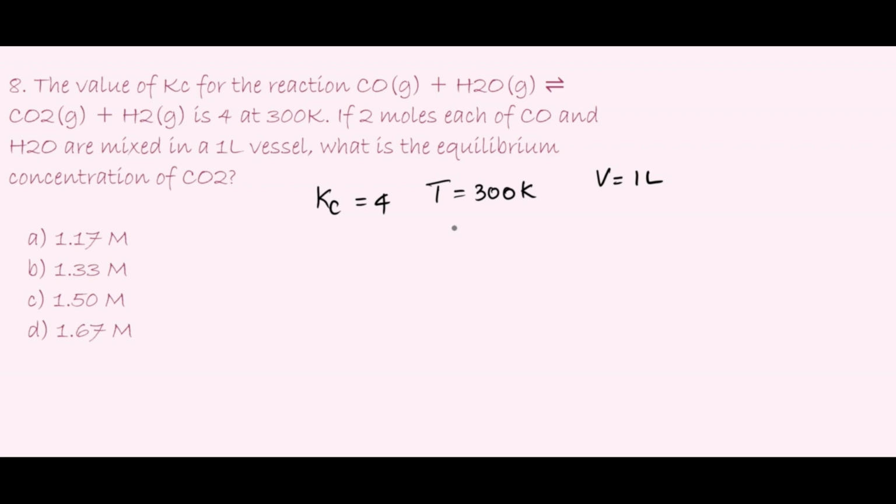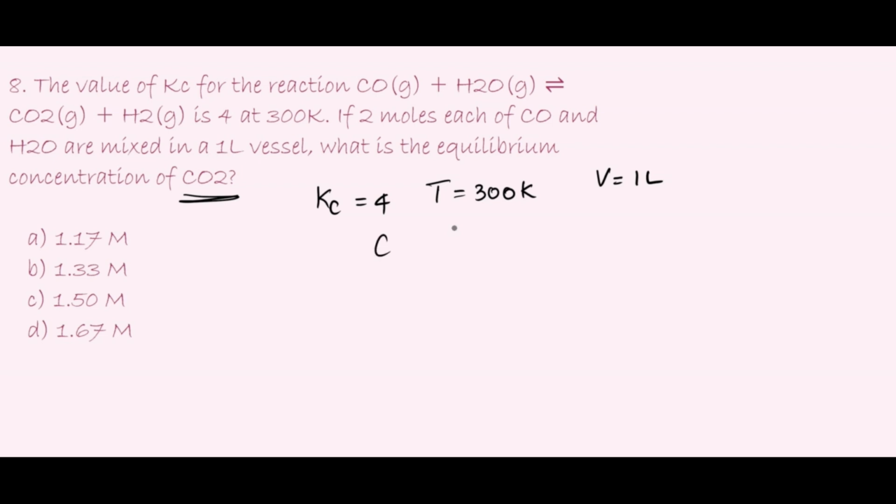Why are they giving this much information for such a simple question? The only reason is to trick you. They are just asking the equilibrium concentration of CO2. We can just apply it in the Kc formula.